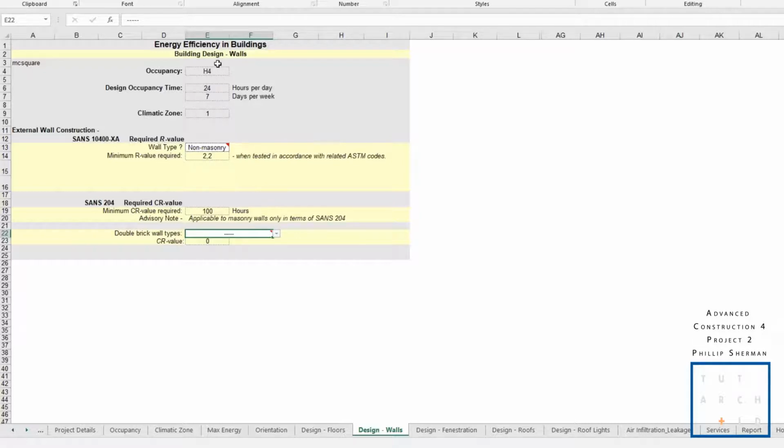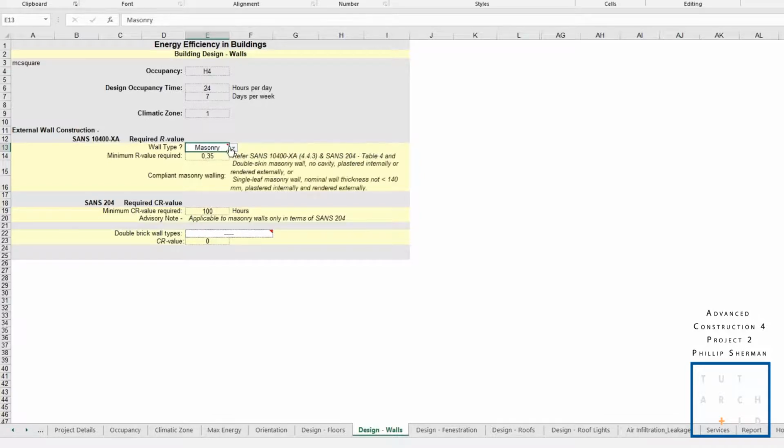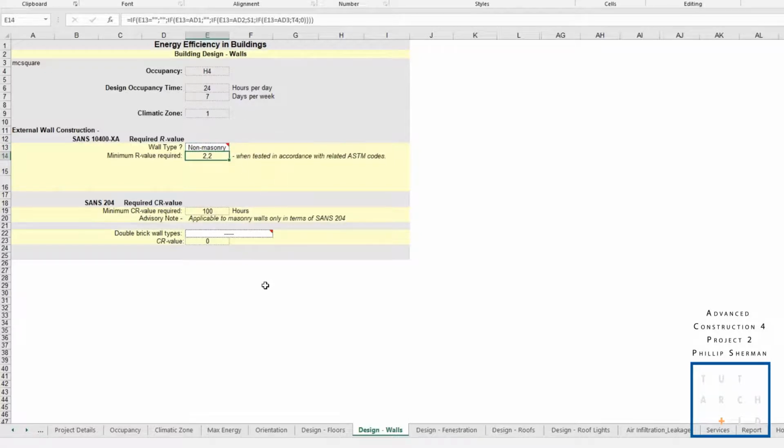I've identified with what I have here, my wall type. Is it masonry or is it non-masonry? It is non-masonry. If it is non-masonry, I need a minimum R value of 2.2 for my wall skin. Now, how do I get to 2.2? I apply different materials to what I need to do for the project.